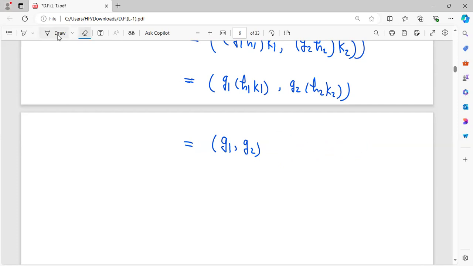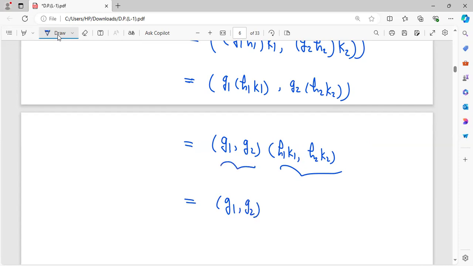This is (h1k1, h2k2). And what is this? This is (g1, g2)((h1, h2)(k1, k2)).